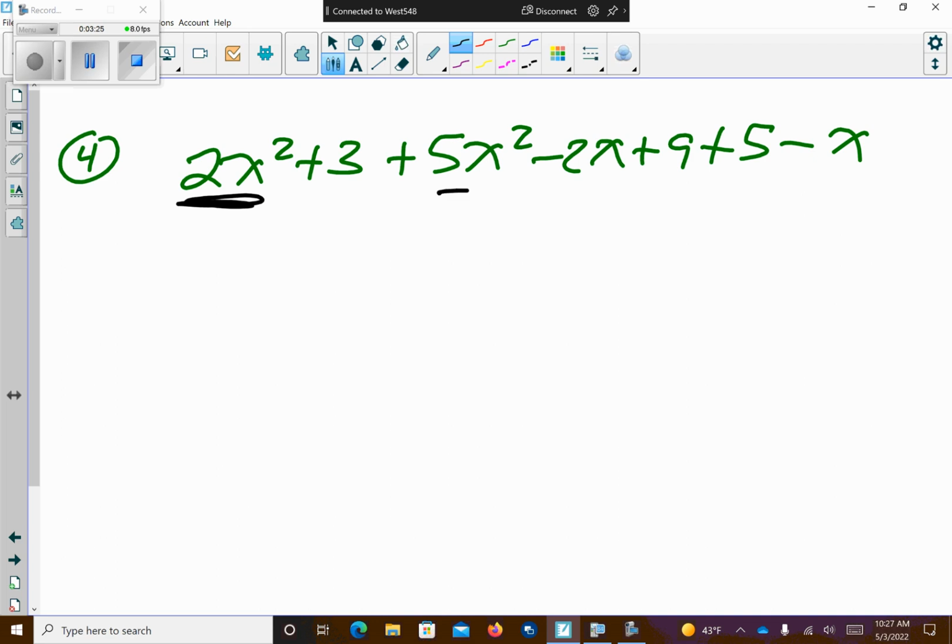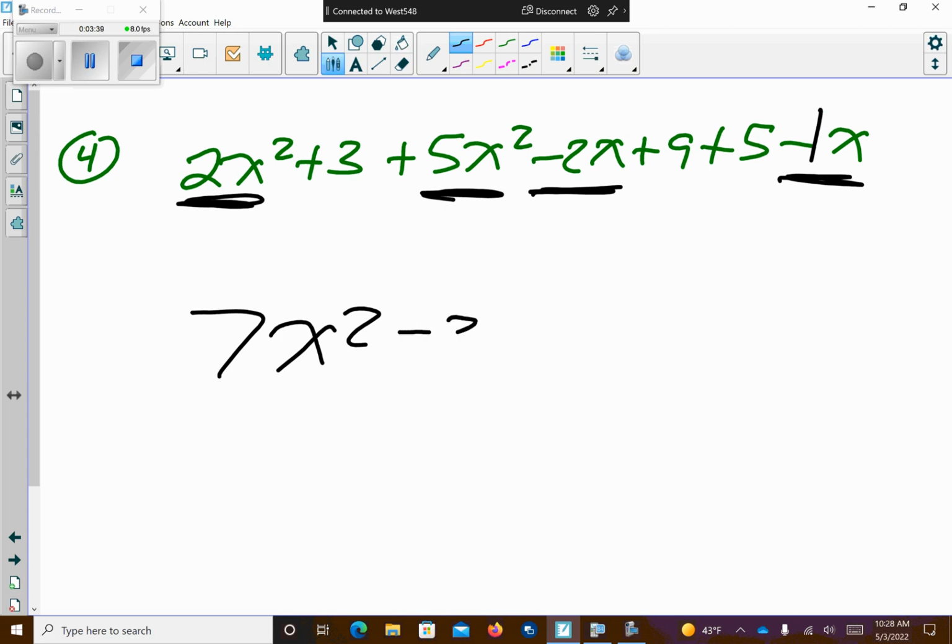Okay, so I have 7x squared because 2 and 5. Notice the exponents didn't change. These are like terms now. So that's going to give me, you have to realize there's a negative 1x, so I get negative 3x. And then I have these like terms. So 3 plus 9 is 12. 12 plus 5 is 17. Okay?